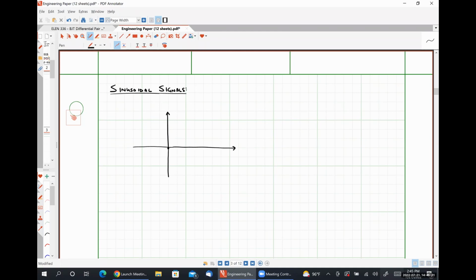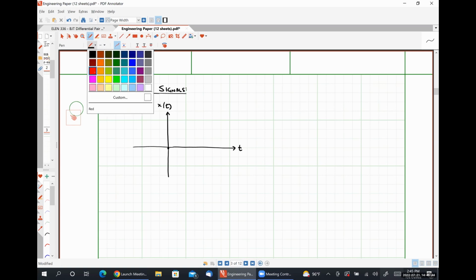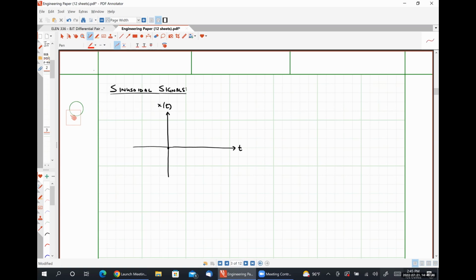In this case, my sinusoidal signal, which I'm just going to call x of t, will be a function of variable t indicating time. And my waveform will look something like this.